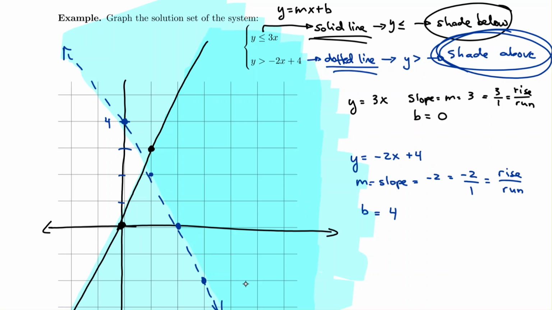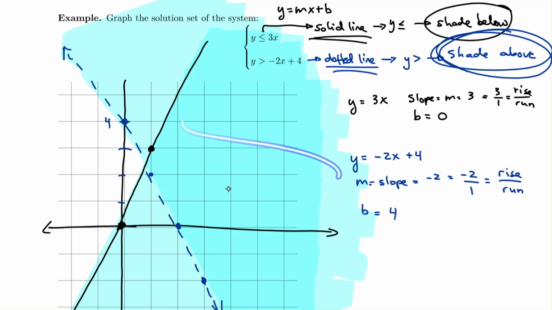It is the overlap. And again, a reminder that it will probably show up best if you use a pencil, but you're looking for where they both overlap. We had to be below this line, but above this line. Their only intersection is this region here. So you can find the overlap by seeing which one's darker shaded, or by thinking of them both together and asking where's the overlap.